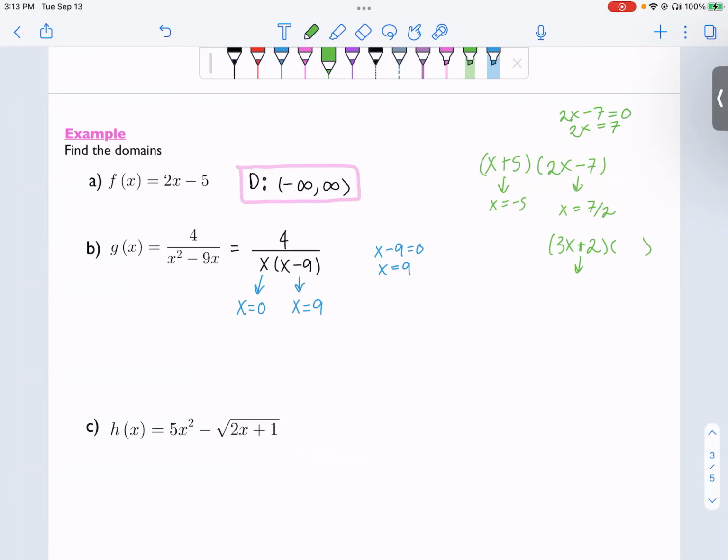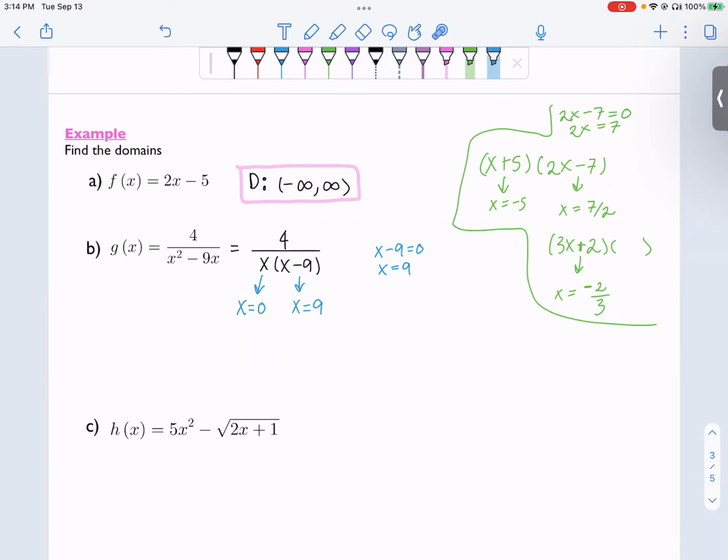Let's actually do positive here. Do plus 2. The answer here would give you x equals negative, because the positive, when you subtract from both sides, will become negative. Negative 2 divided by this coefficient 3, negative 2 thirds. Anyway, that's all just an aside. That's the mental math for factoring.